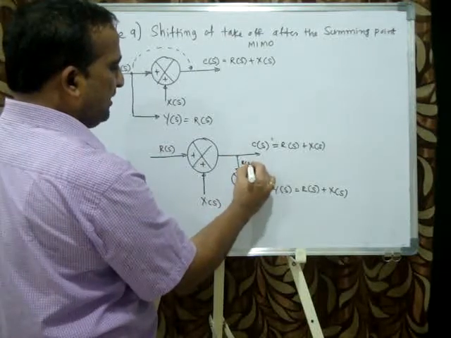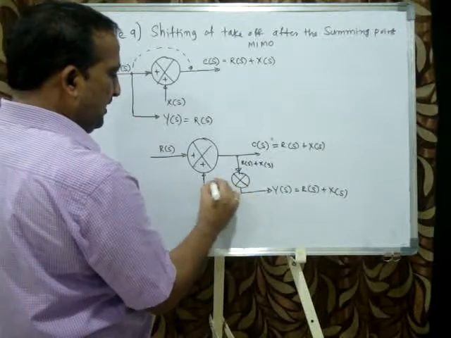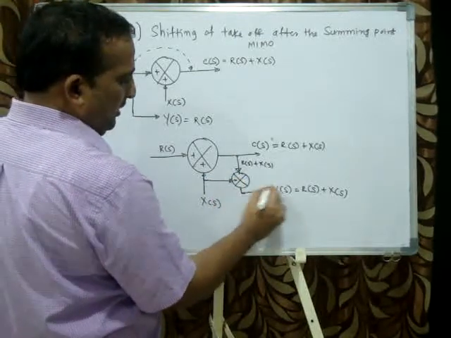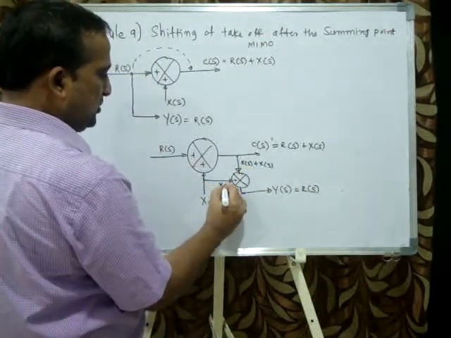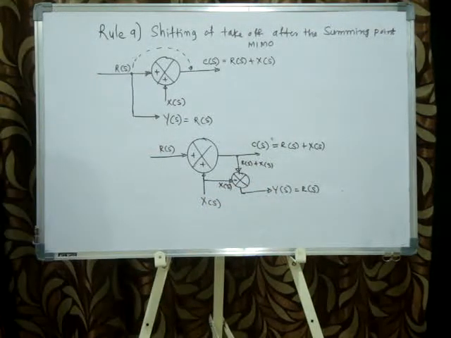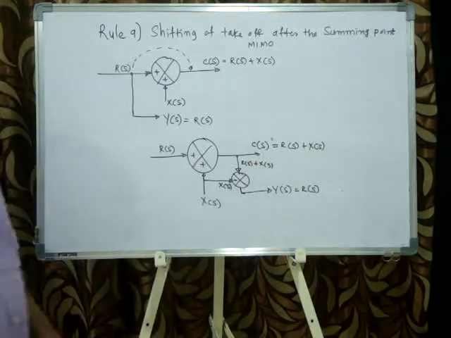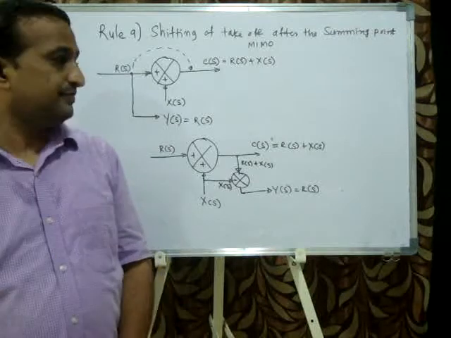Here I am getting R of S plus X of S. So X of S is available, but I want minus. I'll write minus here. So now this plus X of S, so automatically X of S will cancel, and I'll get Y of S. Both are now equivalent systems. Both are called equivalent systems.